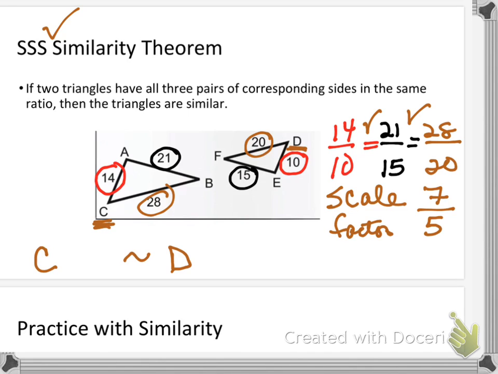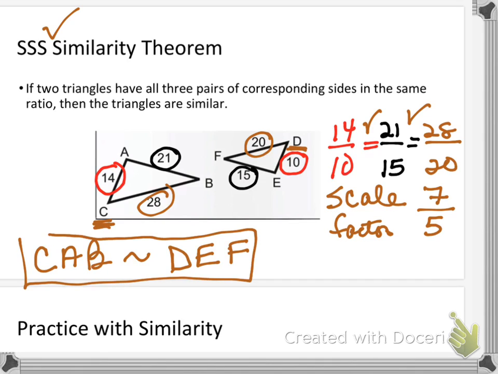Okay, so go from C, let's go down the small side. I go to A. Go from D, go down the small side. I go to E. Okay, from A, C, A, I'm going to finish the triangle with a B. D, E, I'm going to finish the triangle with an F. That is my similarity statement.